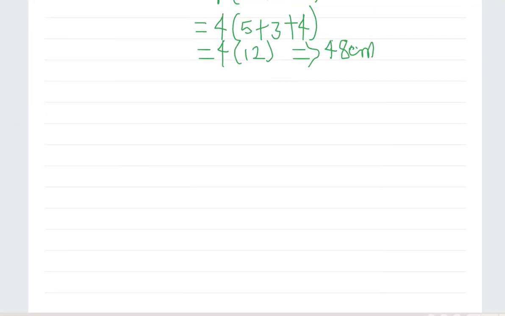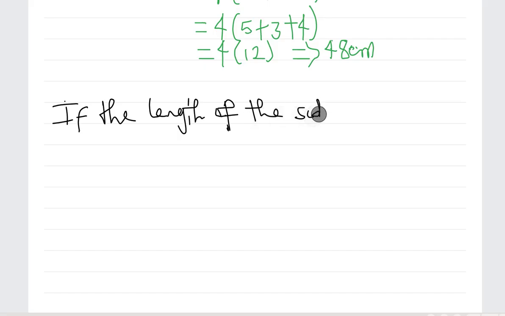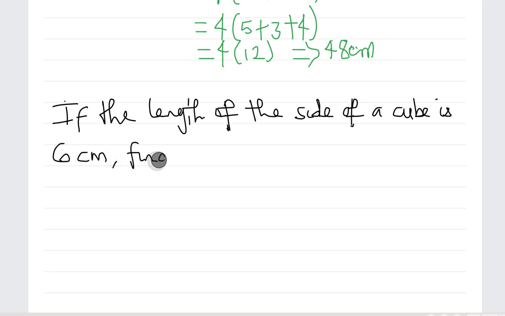So we have the example here. The question says that if the length of the side of a cube is 6 centimeter, find number 1, the volume.